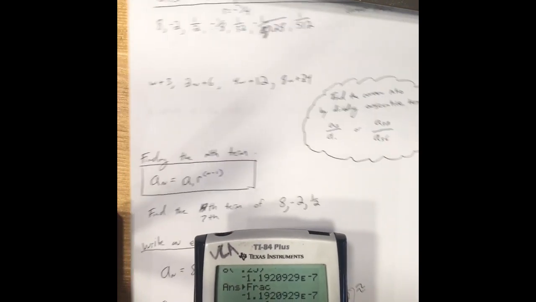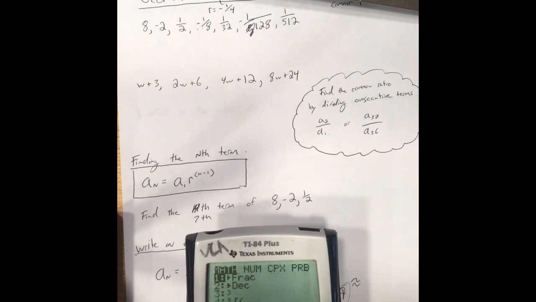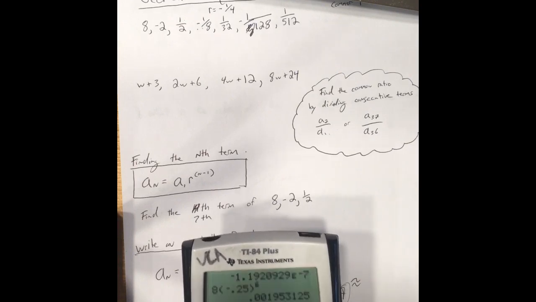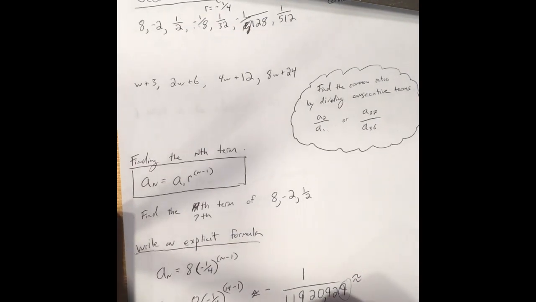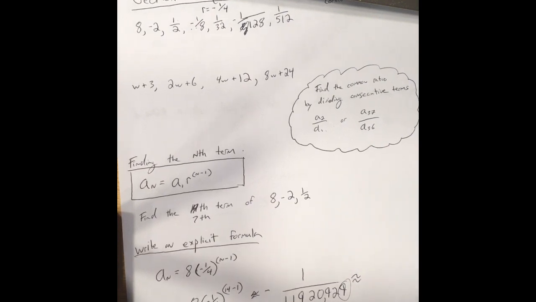And here we get something more manageable. Yep, this is 1/512th. Oh, and that's what we got earlier. So perfect, that's our 7th term. Okay, let's keep moving.